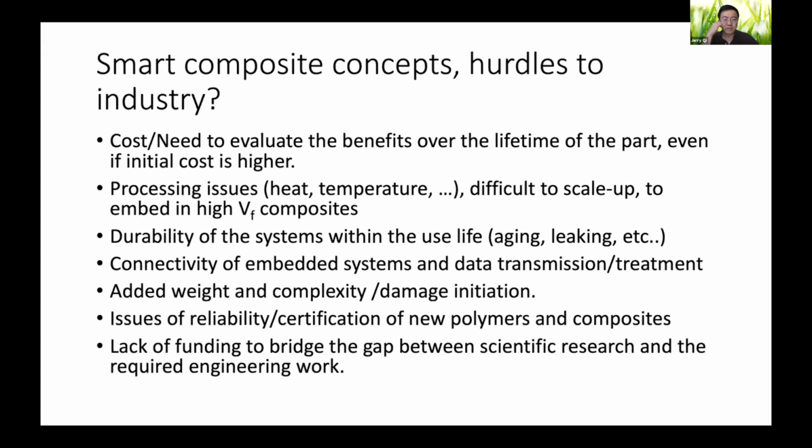There's lots of engineering to do. It's very hard to do engineering in an academic setting because the PhD student wants to publish papers and we need funding. If you do engineering, you're dealing with small details and the student cannot graduate, so you have lots of those challenges.